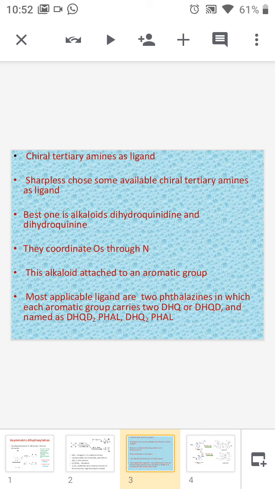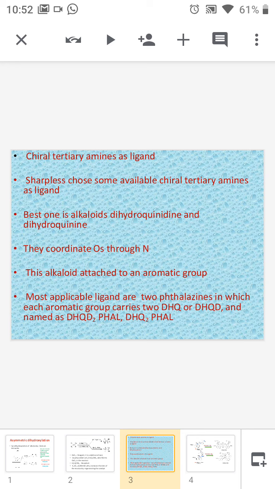So here our ligand is commonly called a chiral tertiary amine. This asymmetric dihydroxylation was first discovered by Sharpless, and he knew that the ligand must be a tertiary amine.